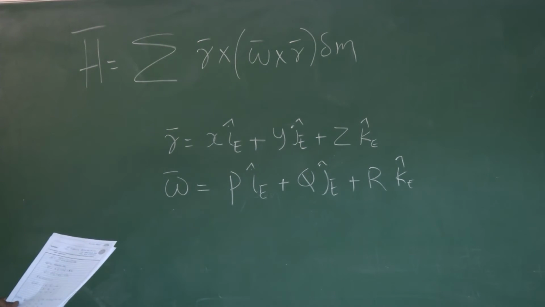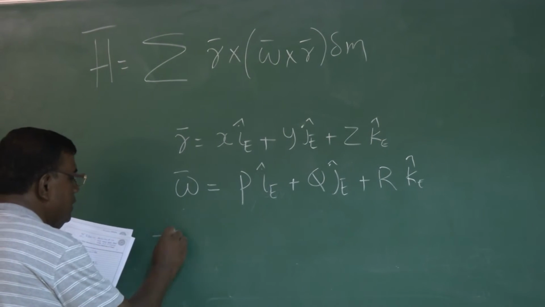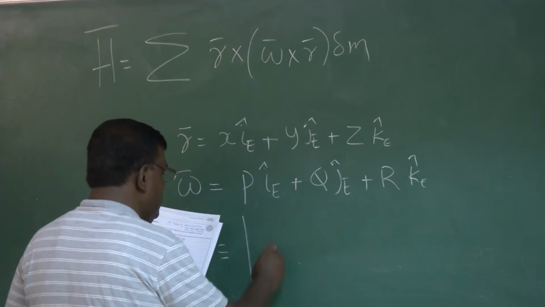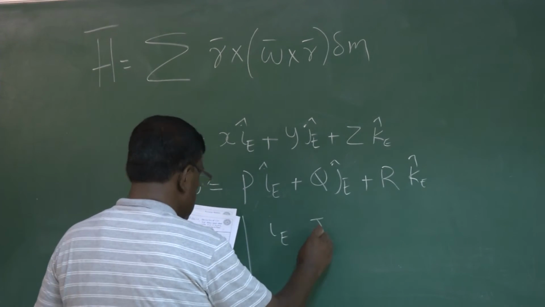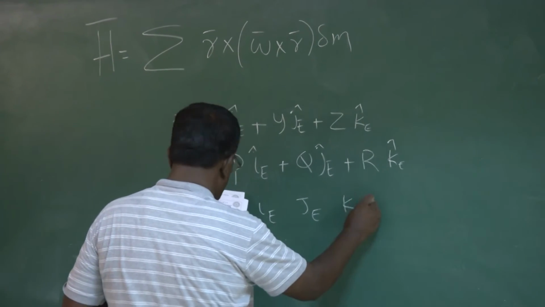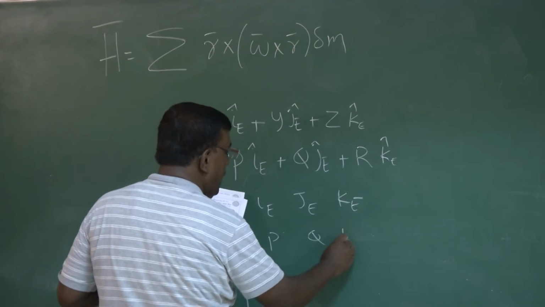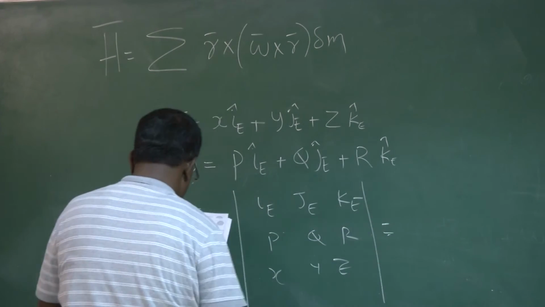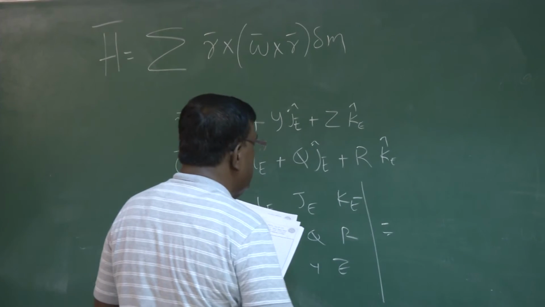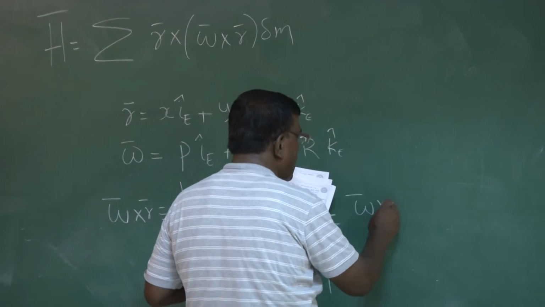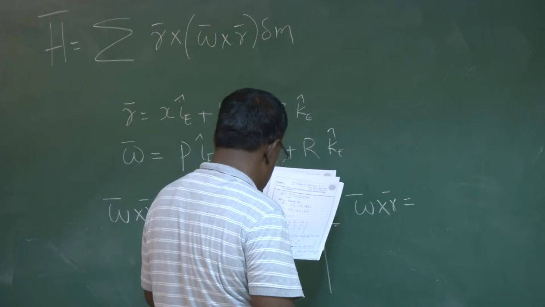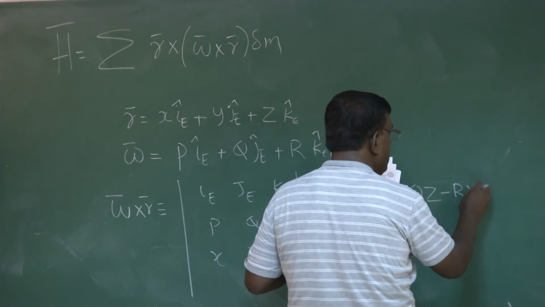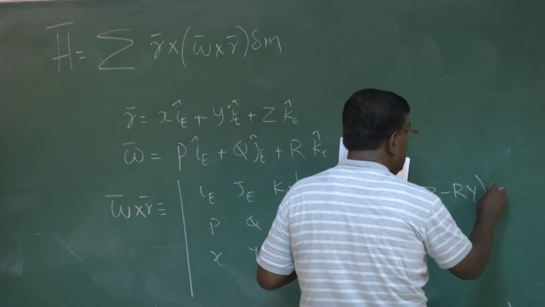Right? So now if I do omega cross R, you can do it yourself, this is Ie, Je, Ke, p, q, r, and x, y, z. If I do this, if I am not mistaken, I will get omega cross R as, please, you should do it yourself also. Don't blame me if there is some mistake.